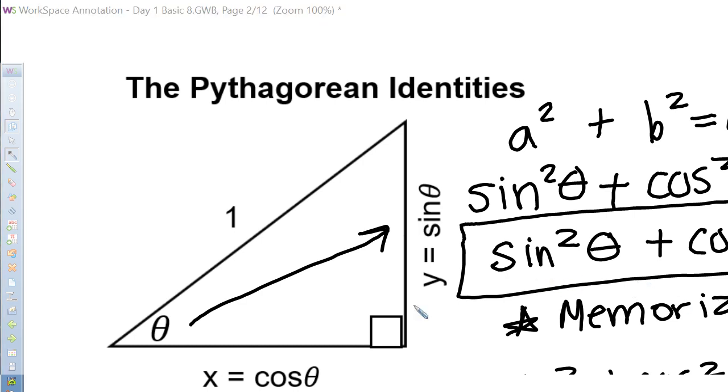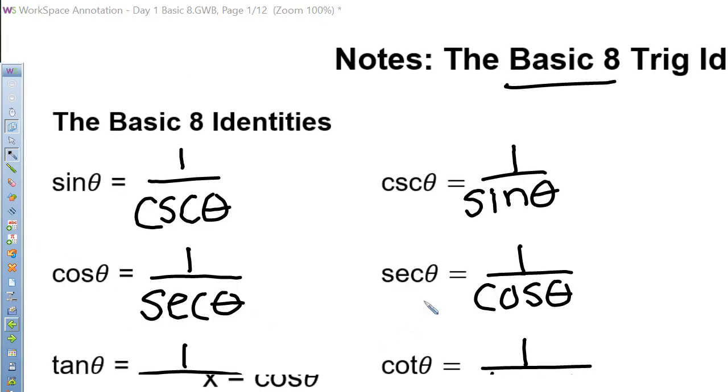And simplifying that, sine squared divided by sine squared is 1. Cosine squared divided by sine squared is, if I go back to the big 8, cosine over sine is cotangent. If I have cosine squared over sine squared, that would be what? Cotangent squared.